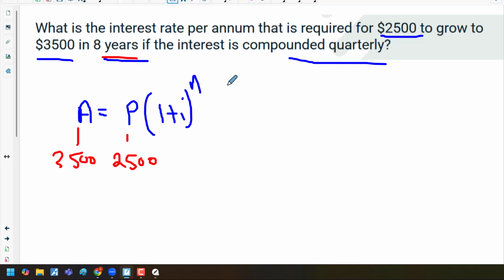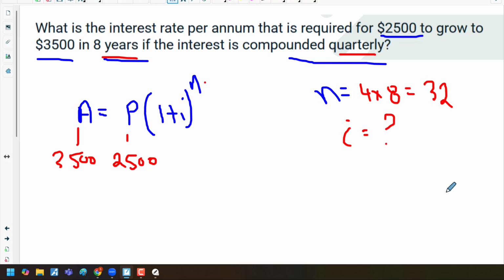We have 8 years, which is your time, which can be n, except you have to calculate it. So n is equal to 4, because quarterly, 4 times 8, which is 32. What about i? Do we have i? The answer is no. That's what we're solving for. What is the interest? That's what we're looking for.